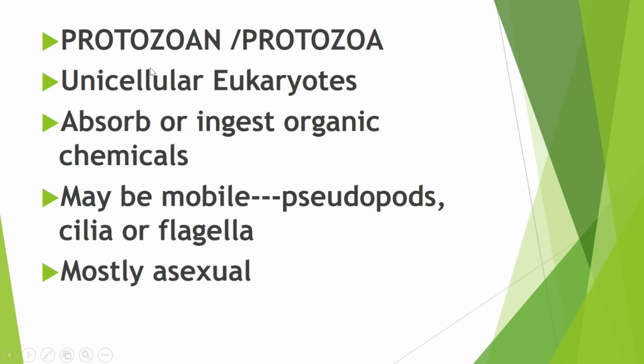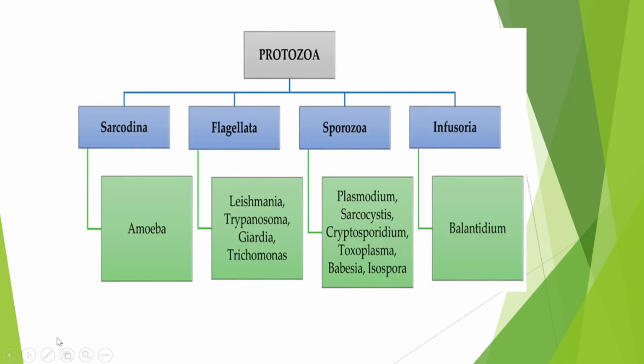Next is Protozoa. They are unicellular eukaryotes, absorb or ingest organic chemicals, and may be mobile. The organs of locomotion in Protozoa are pseudopods, cilia or flagella. Based on the organ of motility, Protozoa are divided into Sarcodina, Flagellata, Sporozoa and Infusoria. In Sarcodina, the organ of motility is pseudopods, and the organism is amoeba.